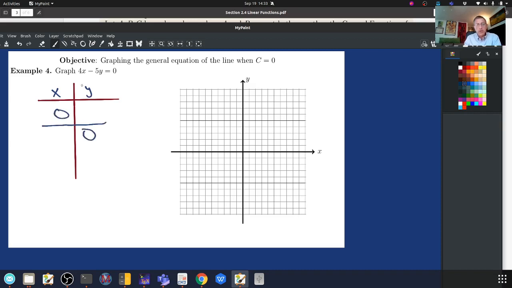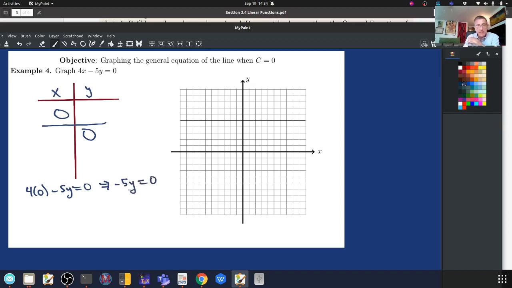That's not going to work this time because my constant term c is 0, but I want you to see this. So let's plug in 0 for x. That gives me 4 times 0 minus 5y is equal to 0, which gives me minus 5y is equal to 0.